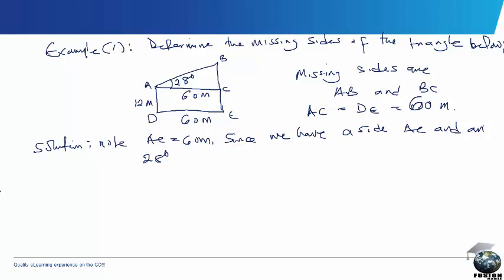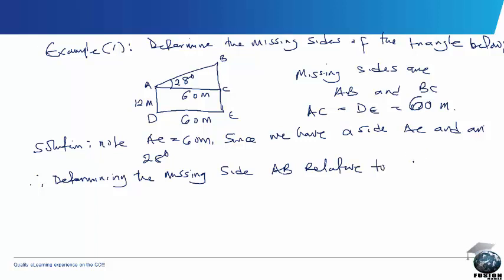Okay, therefore determining the missing side AB with reference to AC, which is equal to 60 meters, and the angle of 28 degrees, okay, as given there.